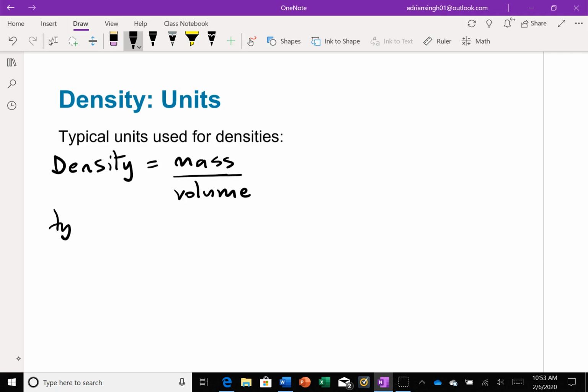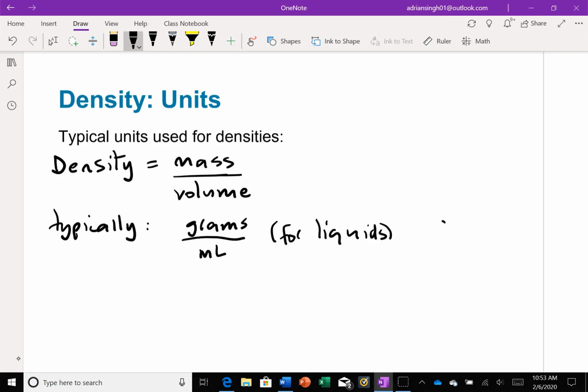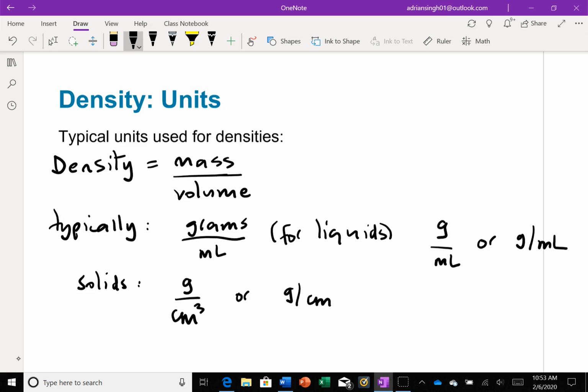So typically, the unit of mass that we'll use is grams per milliliter for liquids, or just simply grams per mil, or g over mL. And then for solids, we typically see grams per cubic centimeter, or g over cm cubed.